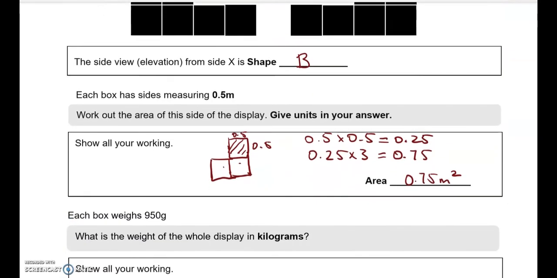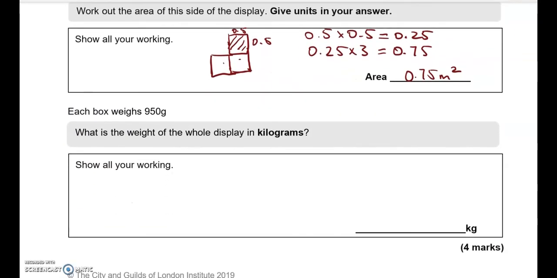So 6 boxes and 750 grams each of them. 4,500 grams this is. So we need to write our answer in kilograms. Divided by 1,000 is 4.5 kilograms.